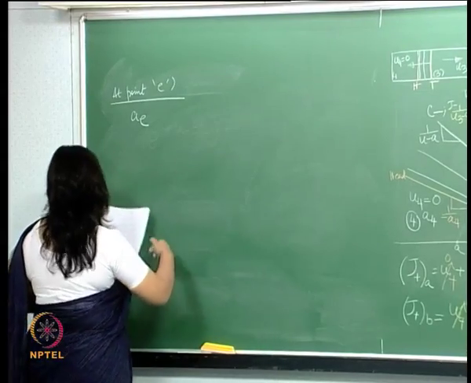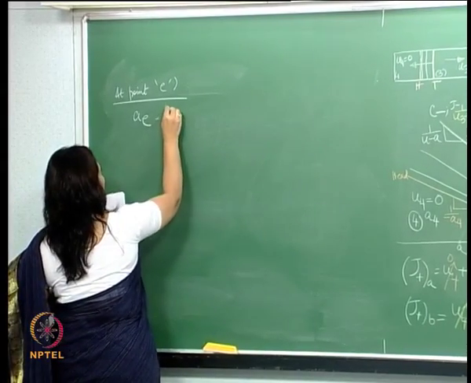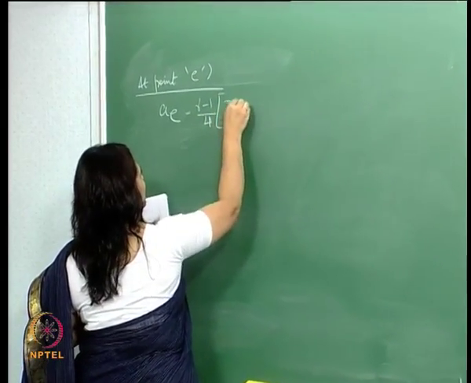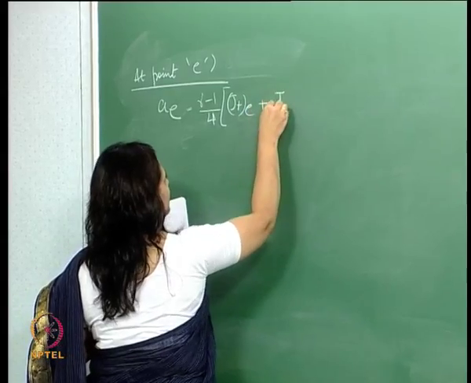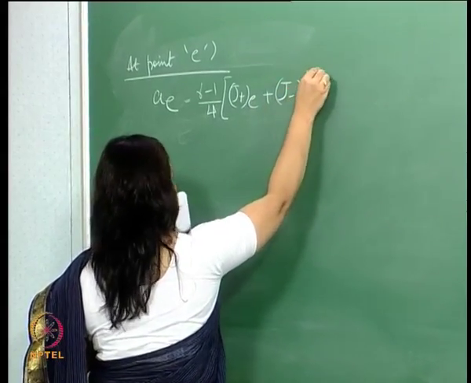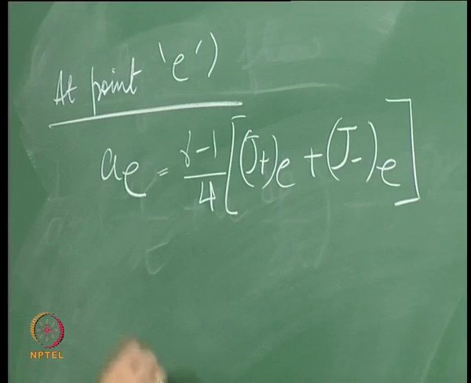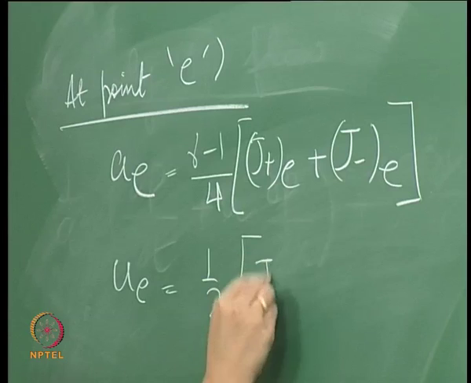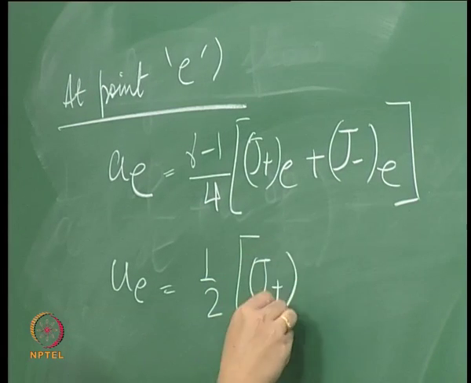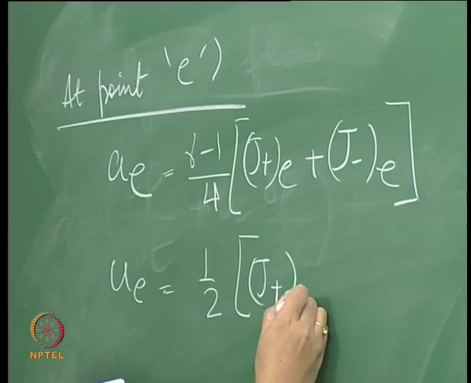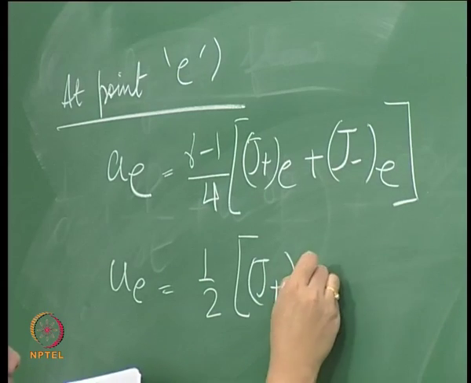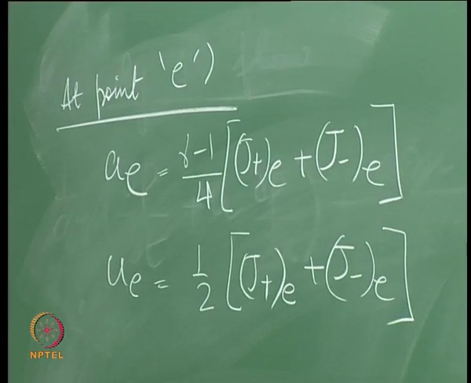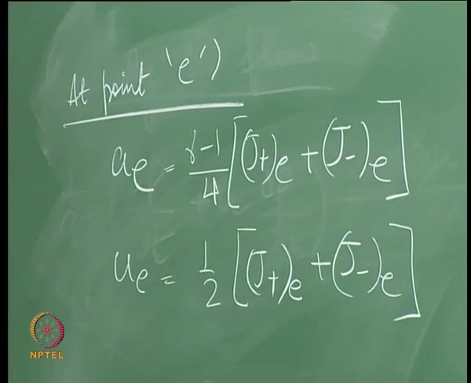So therefore I can write this, and UE is half of J plus E plus J minus E, which we have written earlier.